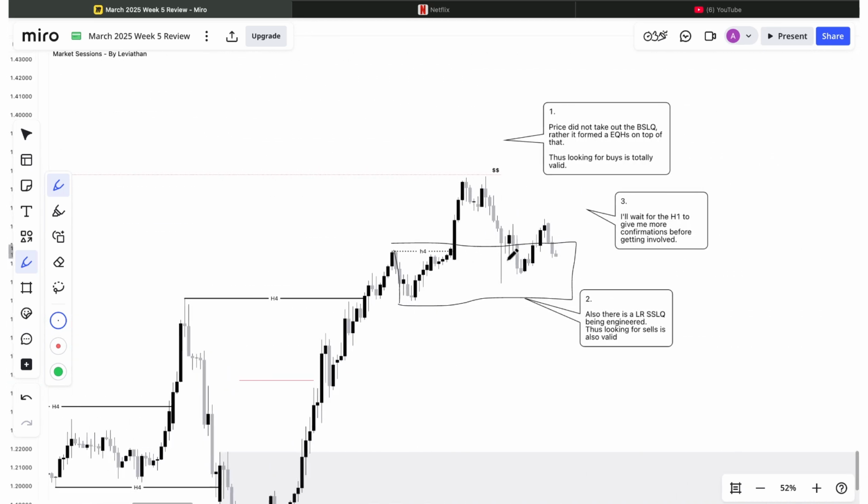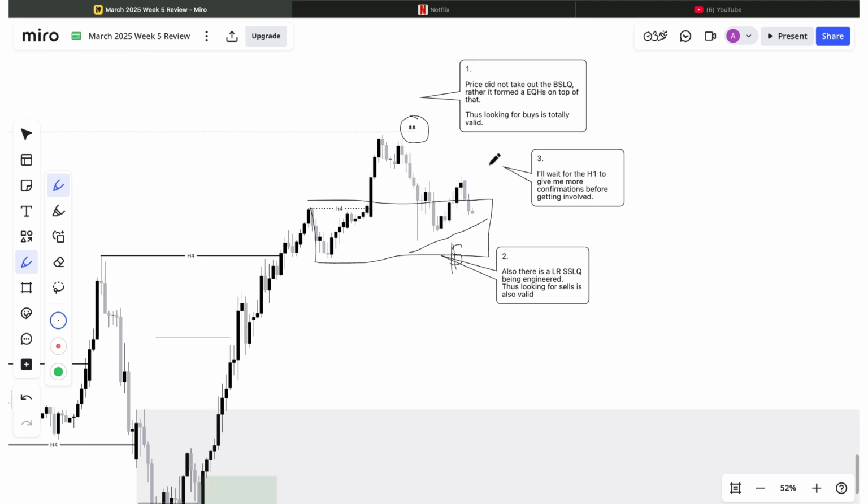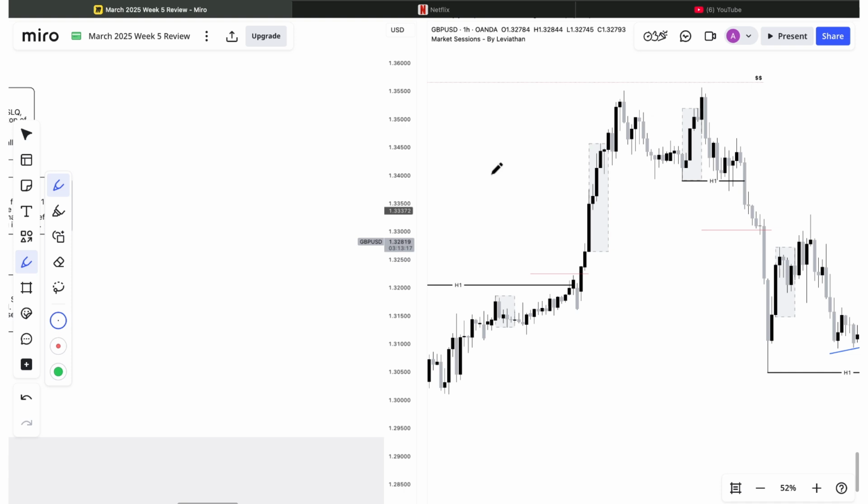And one more thing is there is low resistance clearly visible in the 4-hour chart also. So this gives us another reason why this demand could fail. But this demand could hold because there are equal highs as well as buy side liquidity above. So it's kind of a tricky trade.